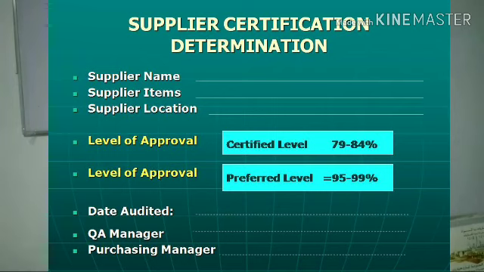If the supplier passes at the certified level, they are certified because they got a grade ranging from 79% to 84%. Preferred is the highest level, ranging from 95% to 99%. And there are some below, conditional suppliers, 75 to 79. These are suppliers who can still have the opportunity to develop in order to comply with our requirements.